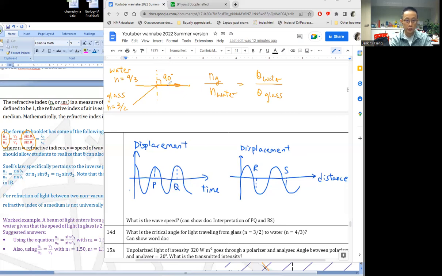And then sine 90 is 1. So we're looking at 3 over 2 over 4 over 3 equals 1 over sine of the critical angle of glass. And if you rearrange the left-hand side, I think you can see that the left-hand side fraction amounts to 9 over 8.